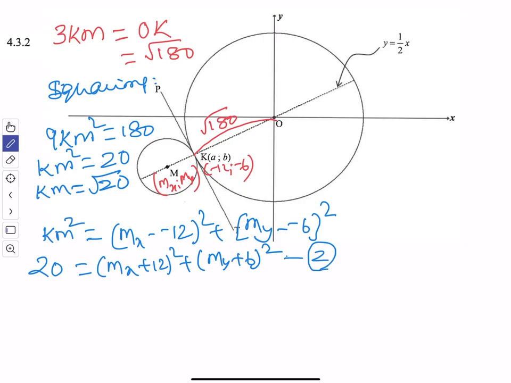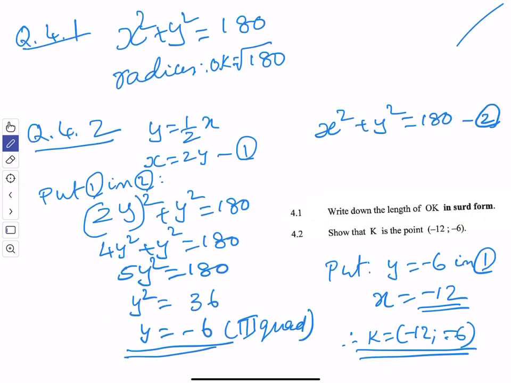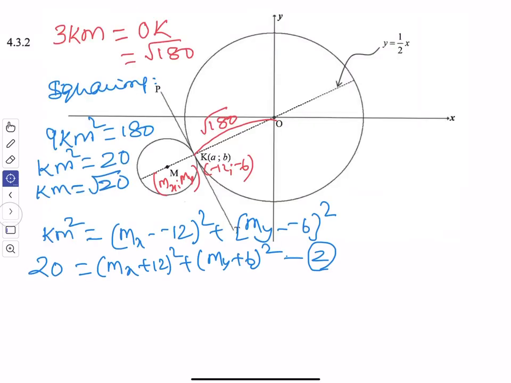Why equation number 2? Because I already have equation number 1 from when we discussed 4.2: x is equal to 2y. Why am I taking that?